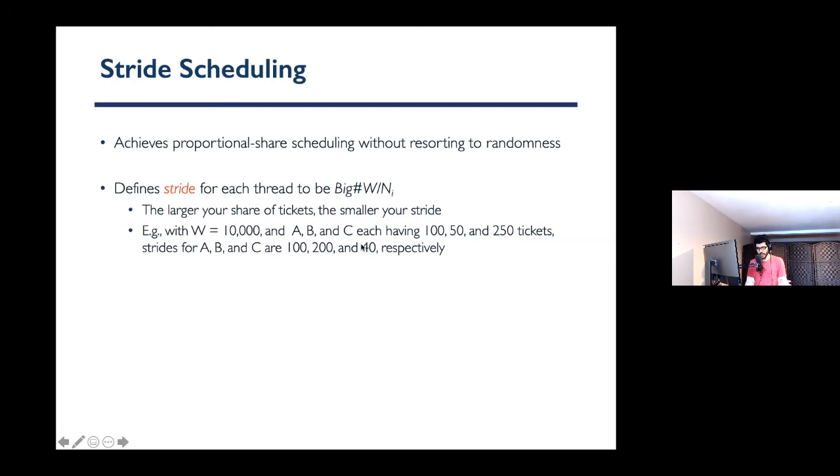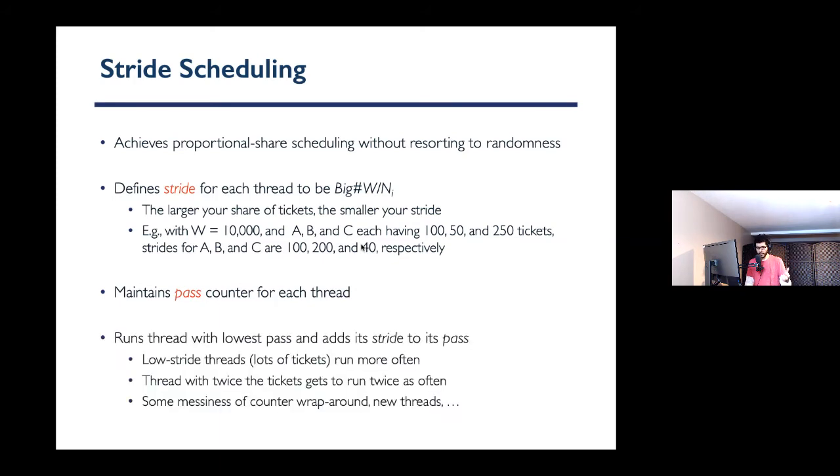Now, how do we use these strides? Well, we're going to divide time into time quanta, like round robin, and we're going to maintain a pass for each thread. So this is a counter per thread. Now, how do we update pass?